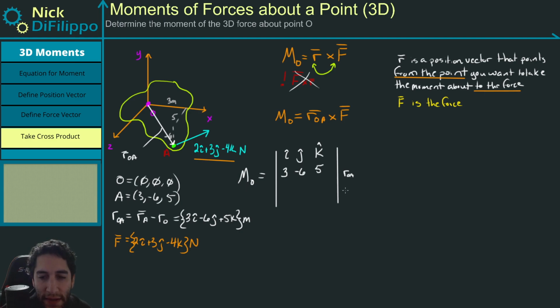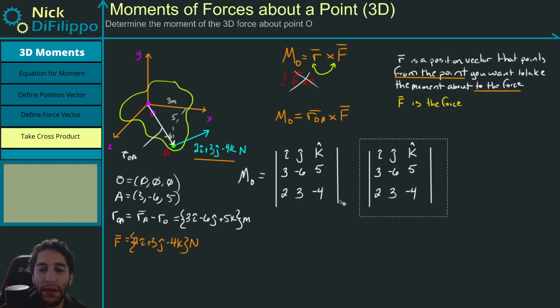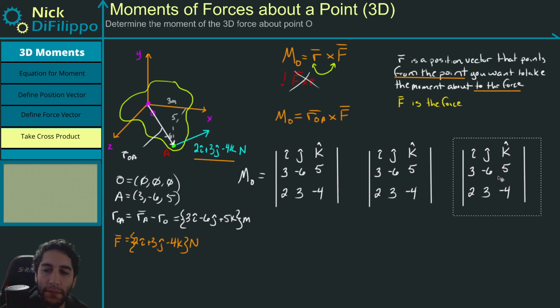All right, and this last row is going to be our force vector, and we know our force is 2i, 3j, minus 4k. And now I'm just going to get rid of these so we don't make any mistakes, because we're not actually multiplying anything. And I'm going to duplicate this 3 times for visual, so we can visually see what's happening.